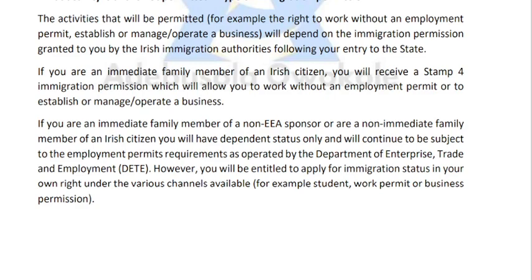You as the partner and sponsor are already living and working in Ireland as well. After the first 2 years, the sponsor is not going to need an employment permit to work in Ireland anymore. Their stamp is going to change when they go back to INIS to re-register, and they no longer need an employment permit, either critical skills or general employment permit, to work in Ireland. But your spouse can always work in Ireland under any circumstances.